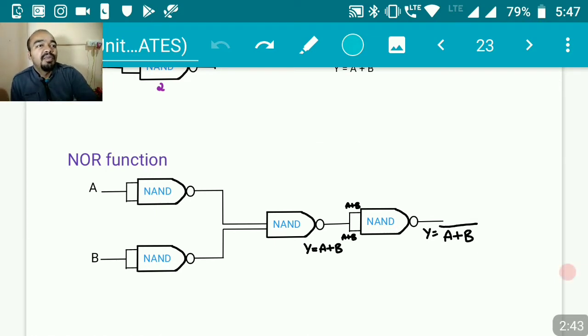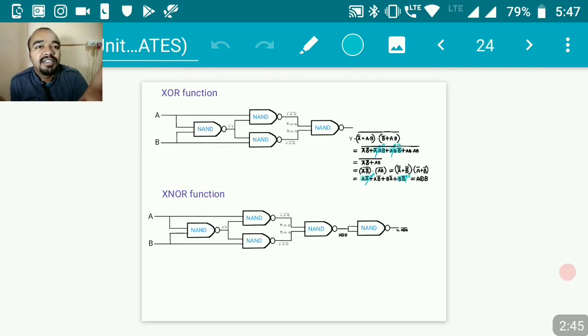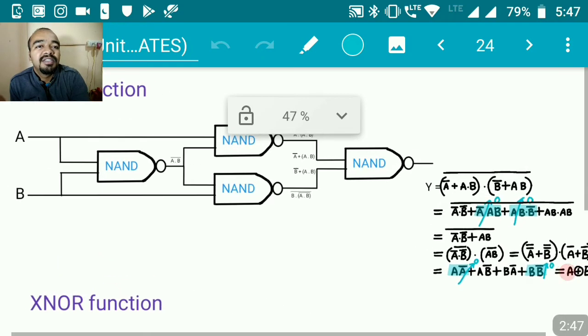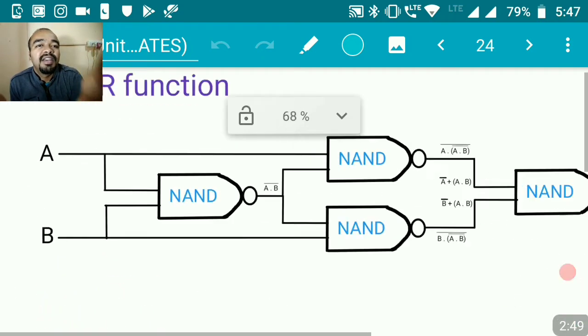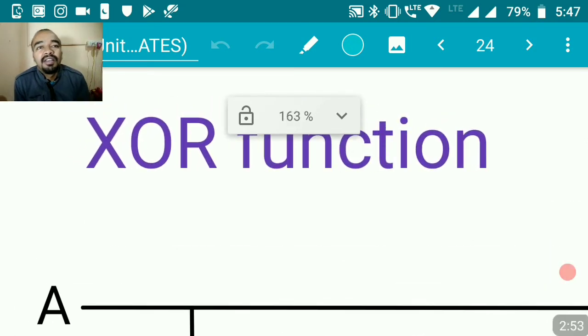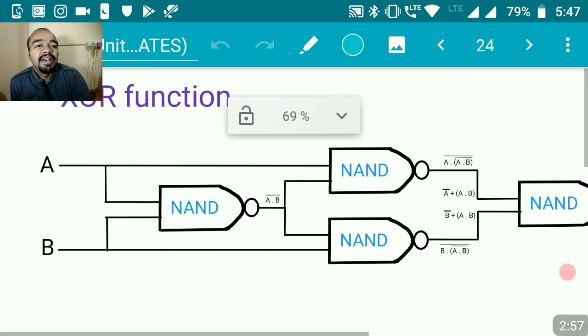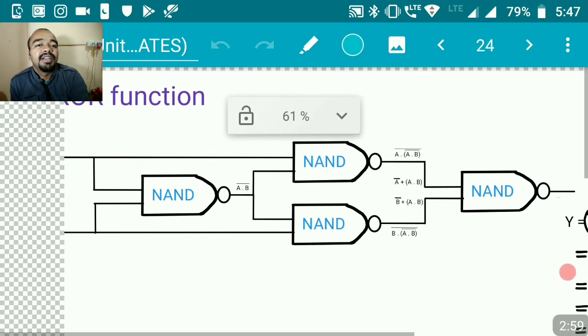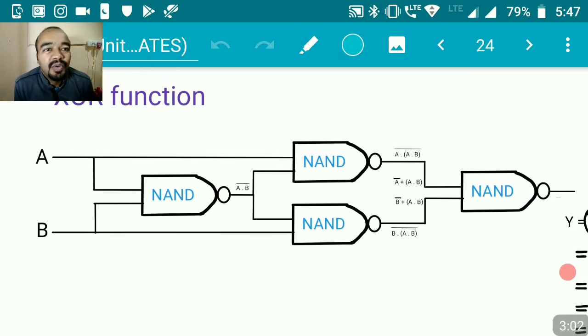Then we shall go about discussing what an XOR gate is and how we generate an XOR gate using NAND gate. So this is the XOR function using NAND gate, and this is the logic diagram that we have. We shall go on discussing how it works.